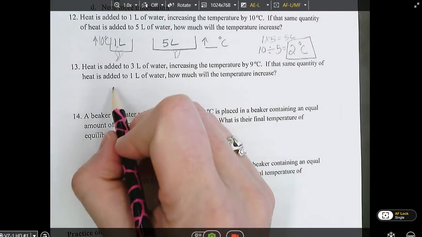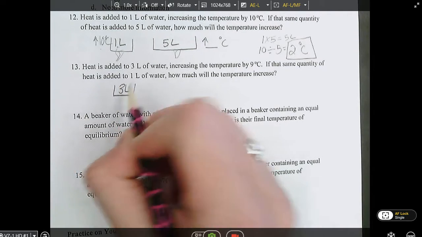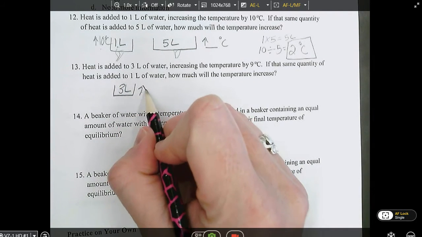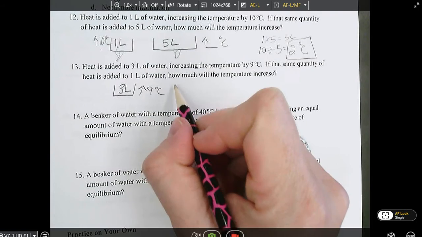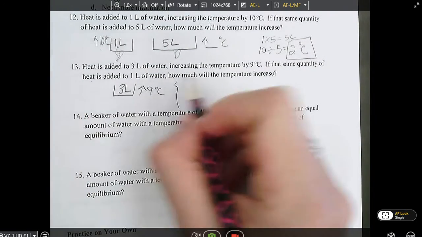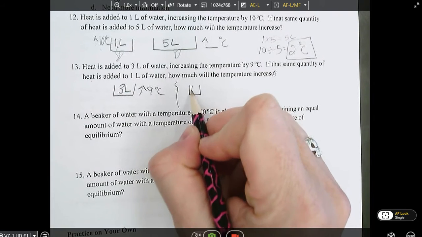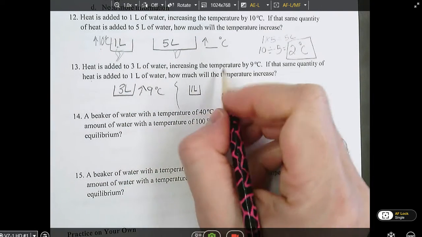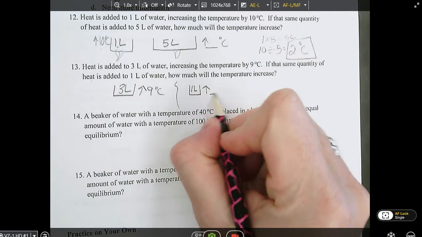Number 13: heat is added to 3 liters of water, increasing the temperature by 9 degrees Celsius. If that same quantity of heat is added to 1 liter of water, how much will the temperature increase?